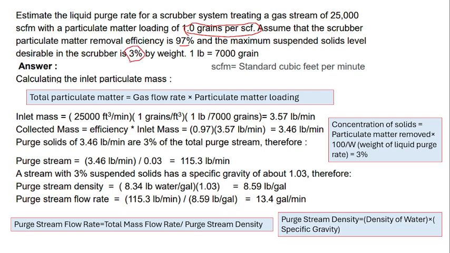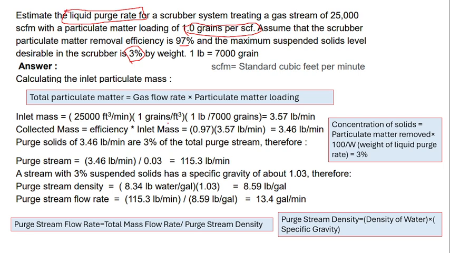This is the solid fraction present in the scrubber, 3% by weight. The unit conversion factor is also given: to convert pounds to grain, 1 lb is equal to 7,000 grain. The question is to calculate the flow rate, which is the liquid purge rate.